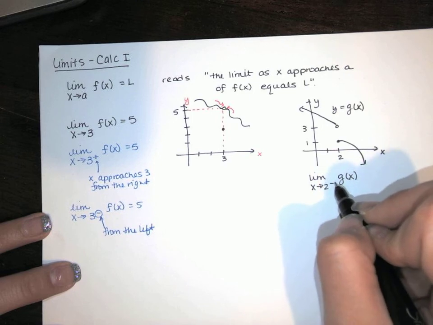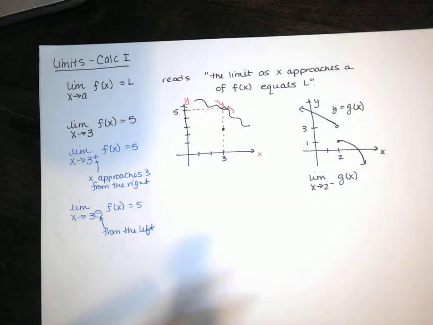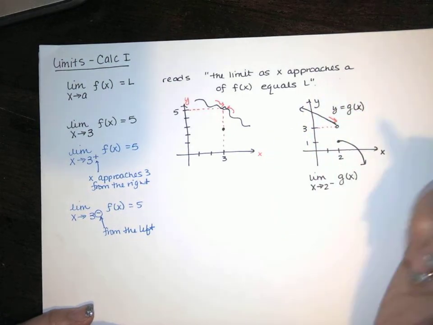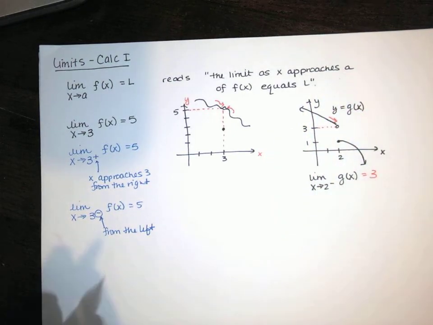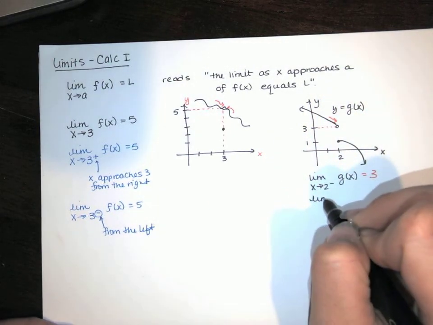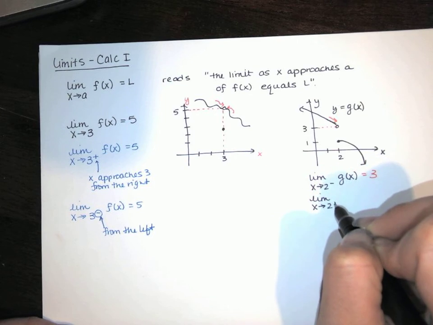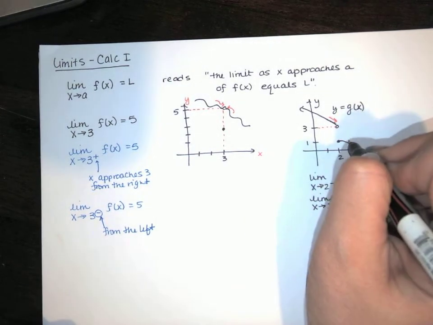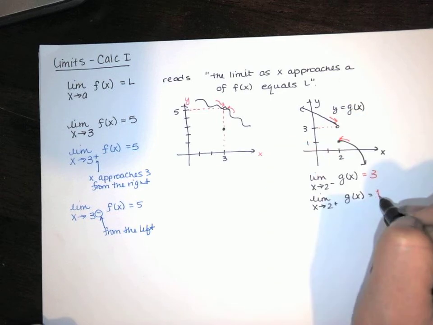The limit as x approaches 2 from the left of g of x, that's the y value that this is approaching, as x approaches 2 from the left, that's 3. And the limit as x approaches 2 from the right, as we approach 2 from the right, the y values are approaching 1.